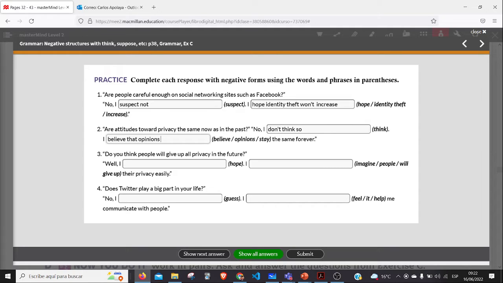Next, 3. Do you think people will give up all privacy in the future? Yes, I will. Well, I hope not.